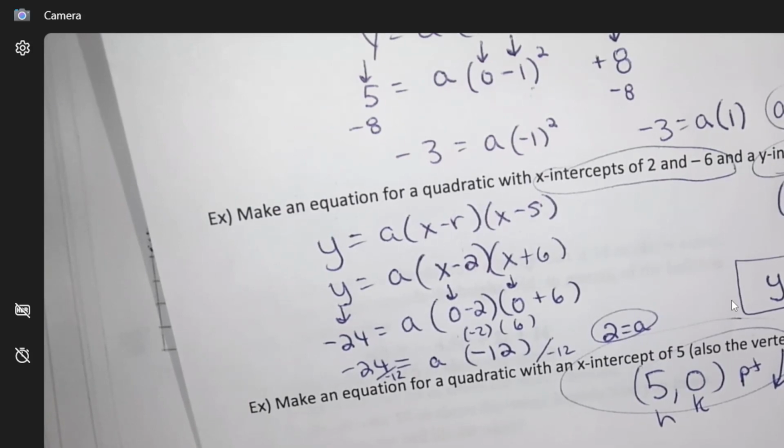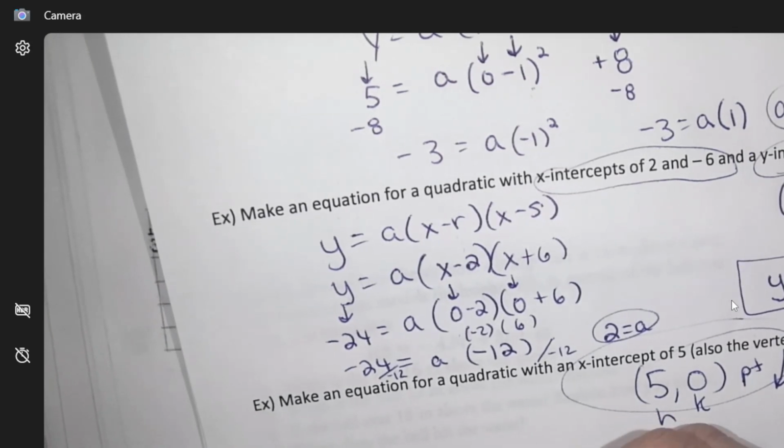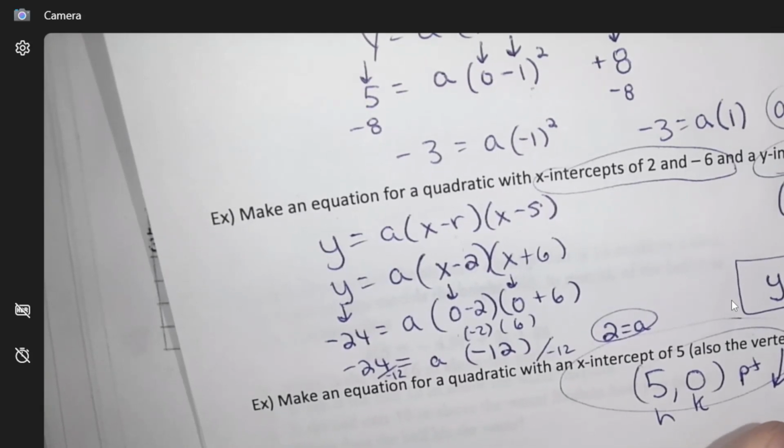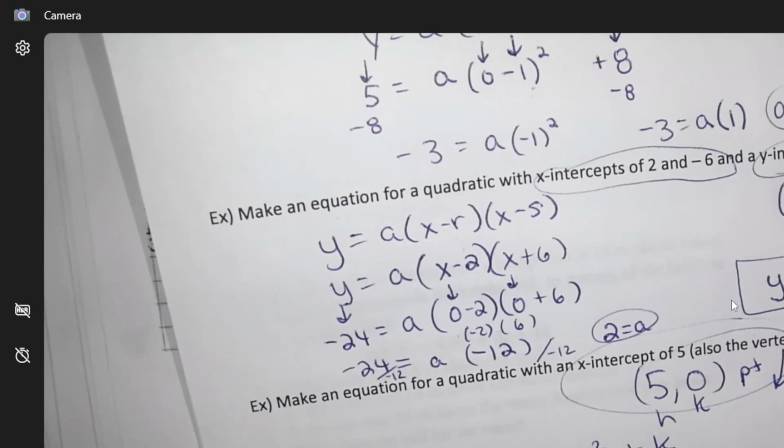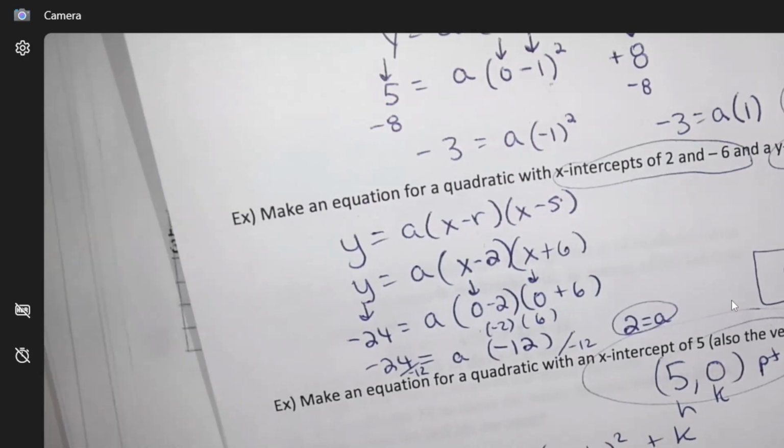And it wants to give me a point, so I can use the point to replace x's and y's. So I'm going to pick this method.